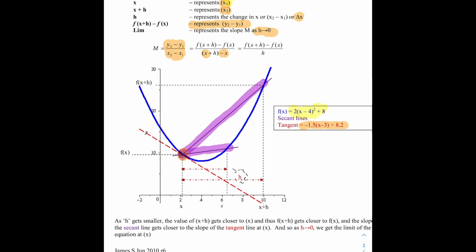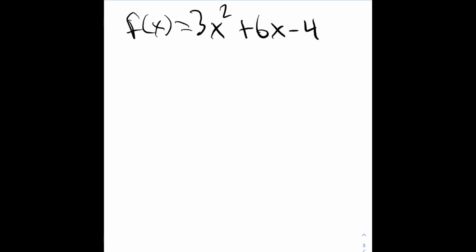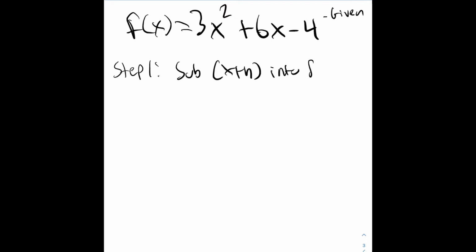So let's take the function f of x equals 3x squared plus 6x minus 4. So that's given. Step 1, we're going to substitute x plus h into f of x.